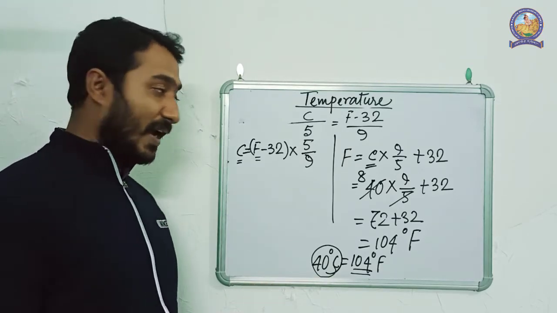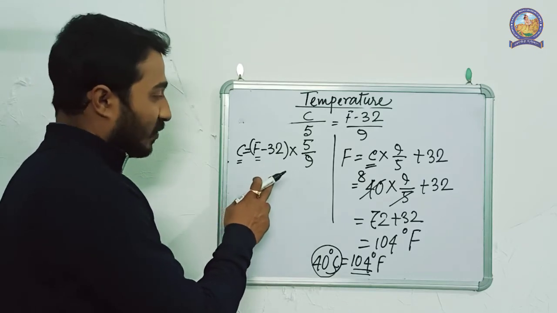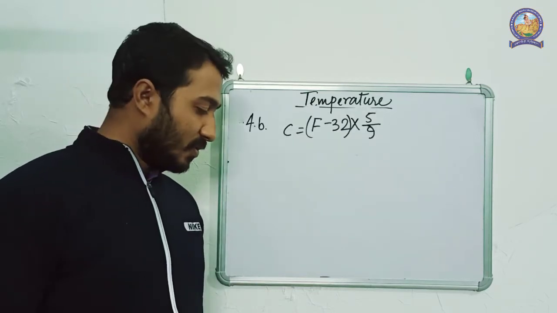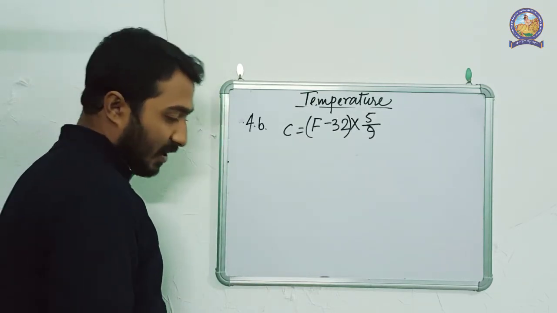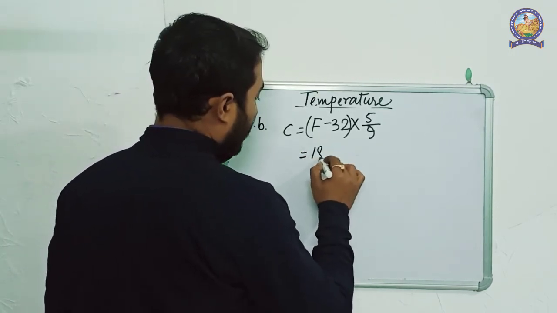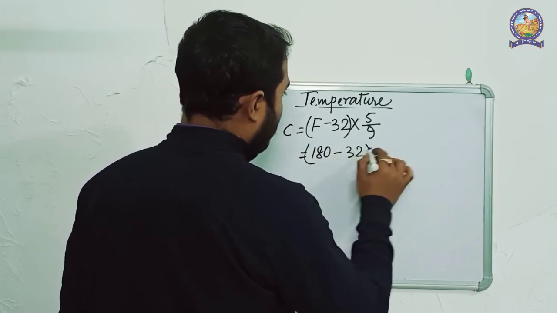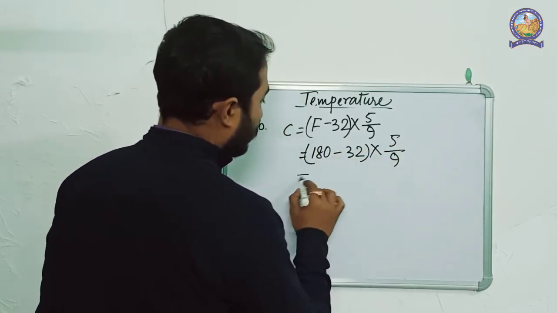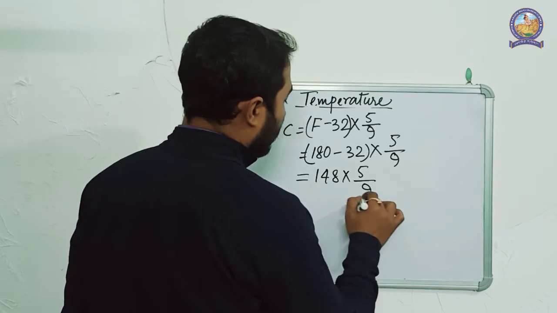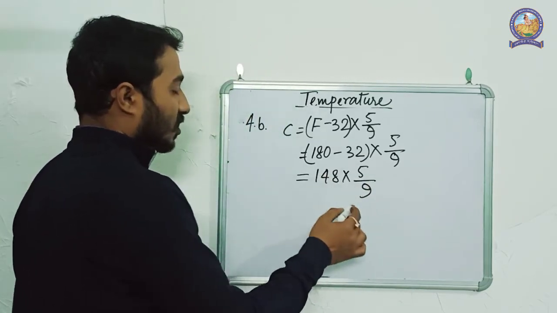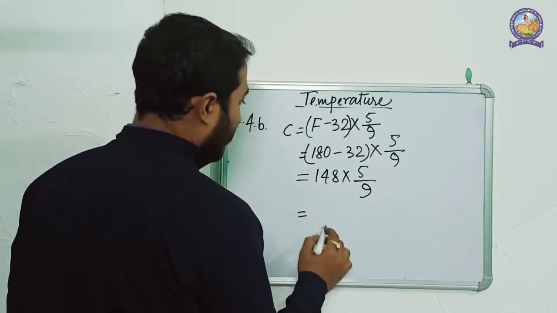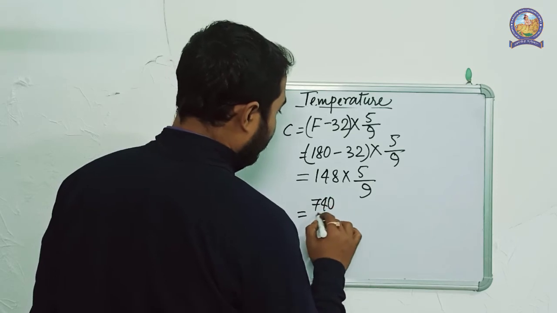Let's see another example where we have to convert Fahrenheit into the Celsius scale. Let's take question number 4b: 180 degrees Fahrenheit is equal to how many degrees Celsius? We write 180 minus 32 multiplied by 5 by 9. After subtraction it is 148 multiplied by 5 by 9. This division is not possible as 148 is not a multiple of 3 or 9, so we directly multiply it: 740 by 9.